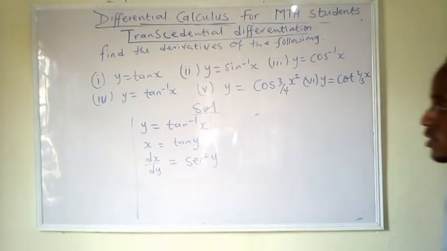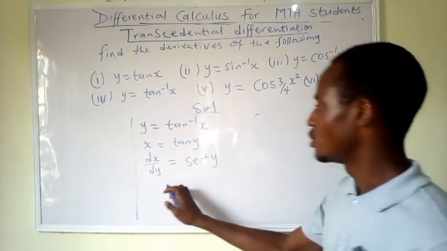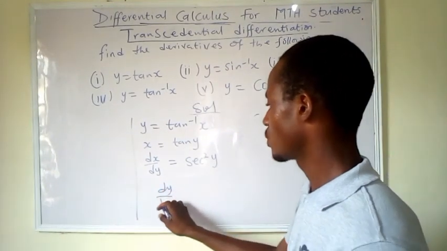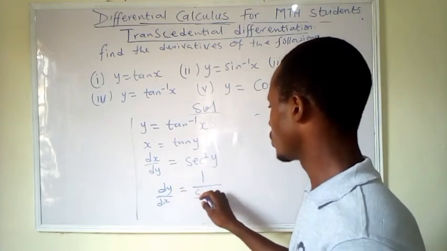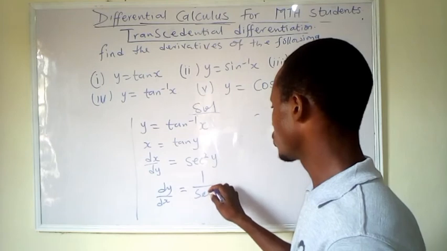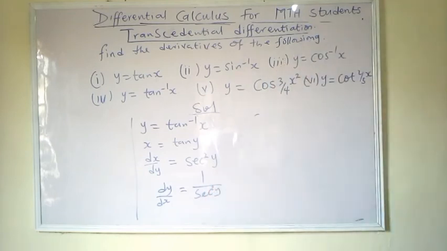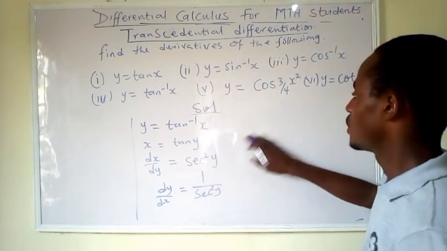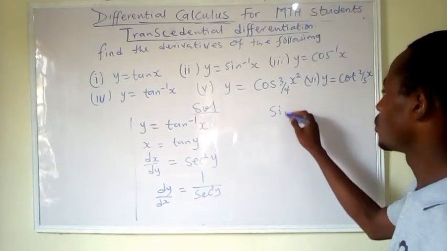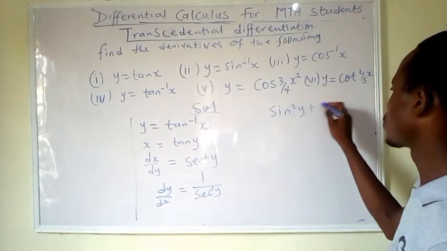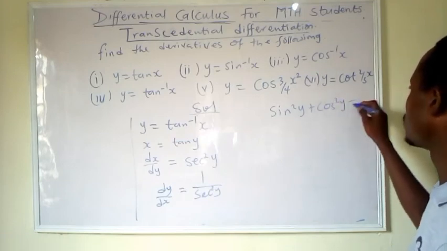So if that is the case, what next? dy dx would be 1 all over sec squared of y. Don't forget an identity that says that if I have sine squared y plus cos squared y, it gives me 1.